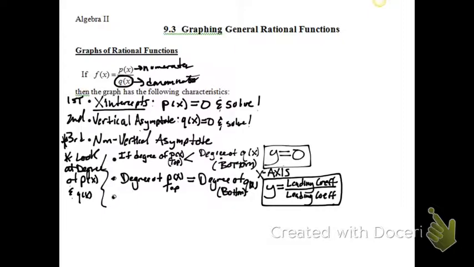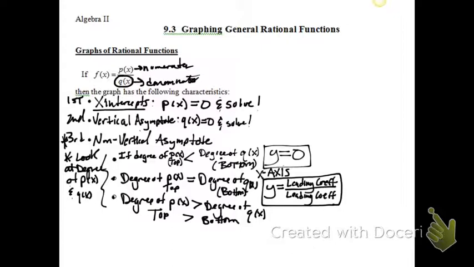The last possible case is, what if the degree of p of x is greater than the degree of q of x. So we're saying the degree of the top is actually larger than the bottom. Now, it could be a lot larger, but in the examples we're going to do in this class, the degree of the top is only going to be 1 unit larger than that of the bottom.